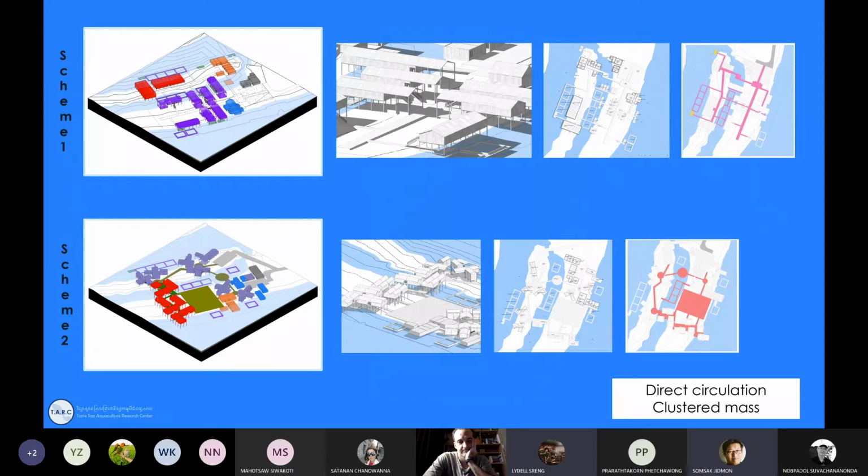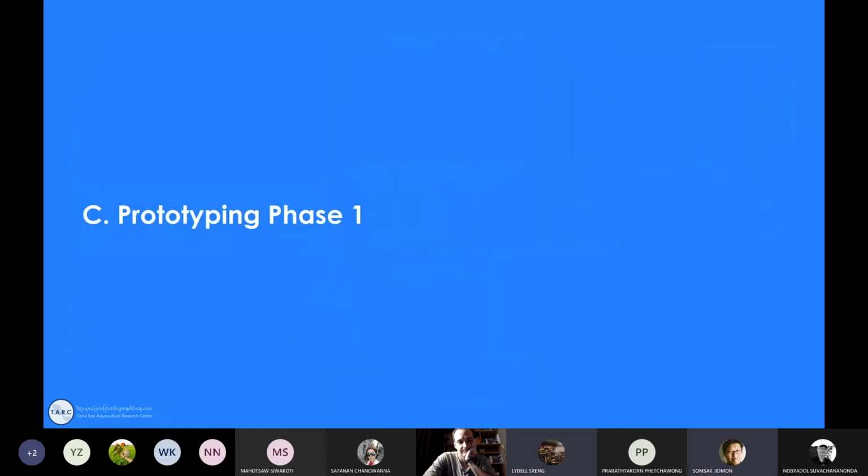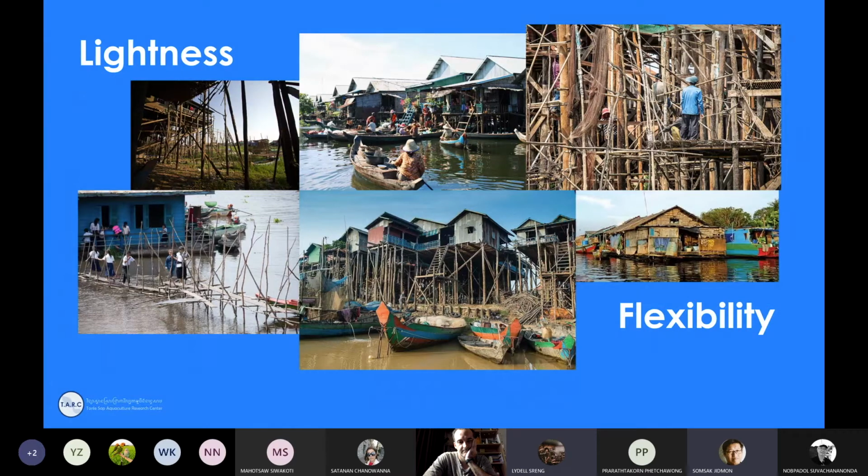And the process I did before was in terms of prototyping. So the quality I observed from the buildings here was the idea of lightness and flexibility. The lightness in terms of the tectonics and the building, the space, and flexibility in terms of the program and the way of living.